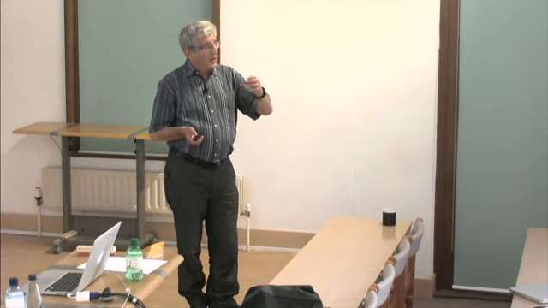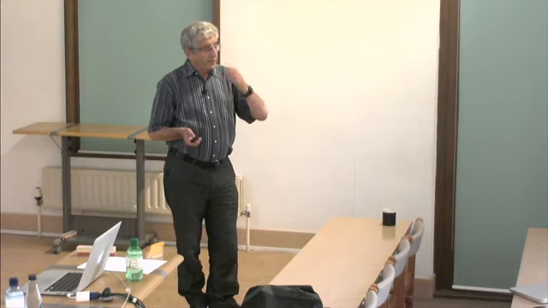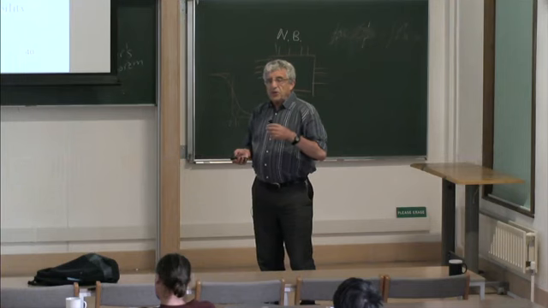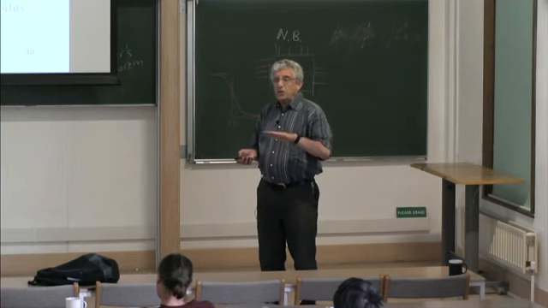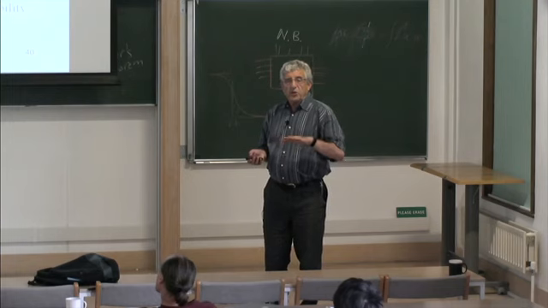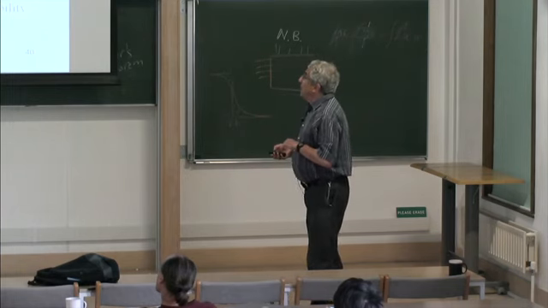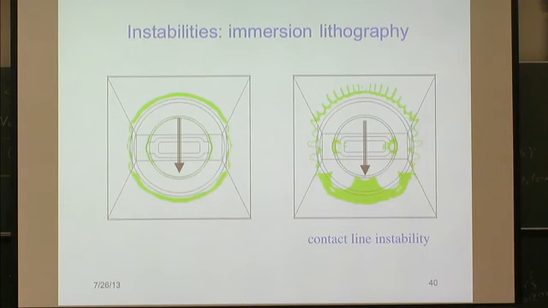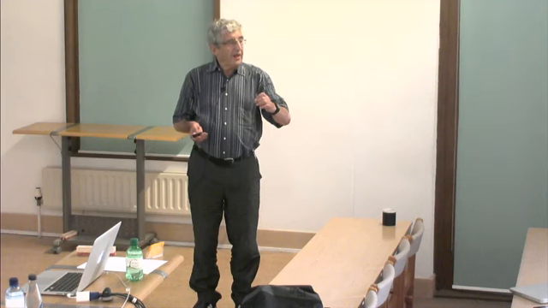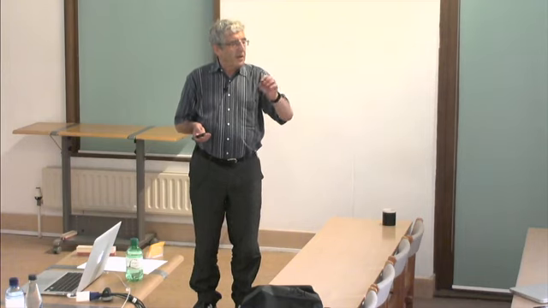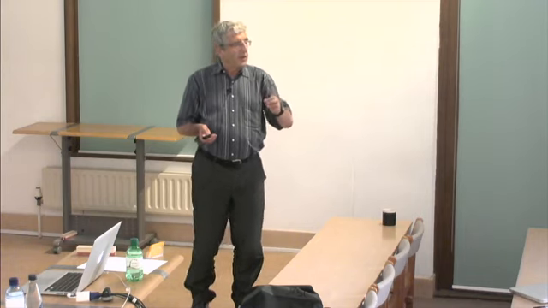In order to decrease the size of the features on the computer chips, they use a water lens, just water acting as a lens, and it allows to increase the resolution maybe twice or something like this.